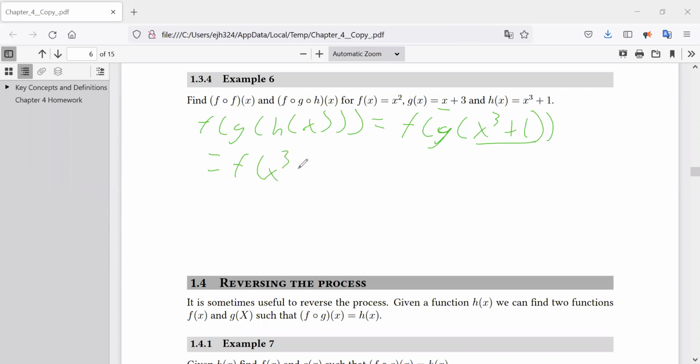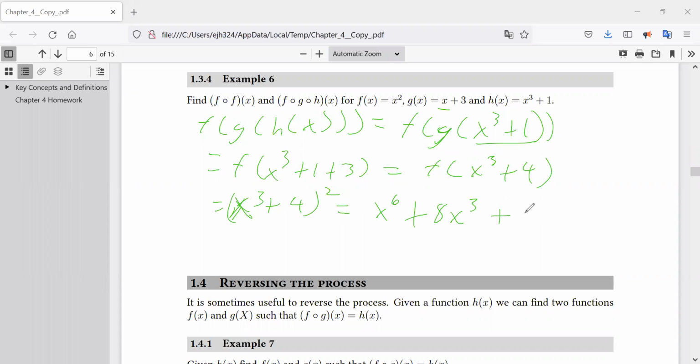F of x cubed plus 1 plus 3. Does that make sense to people?